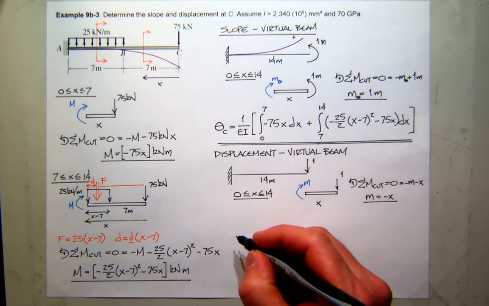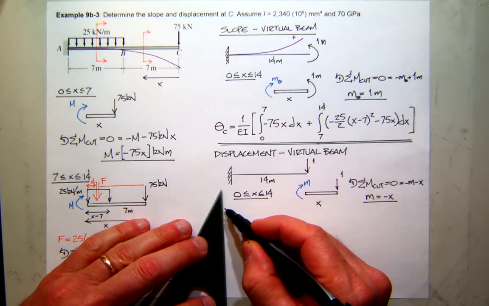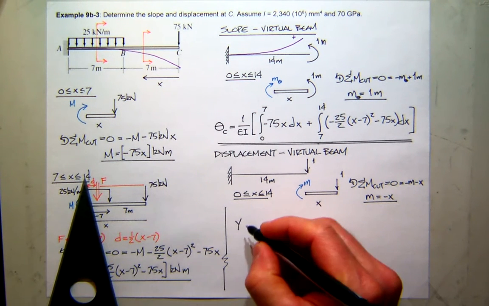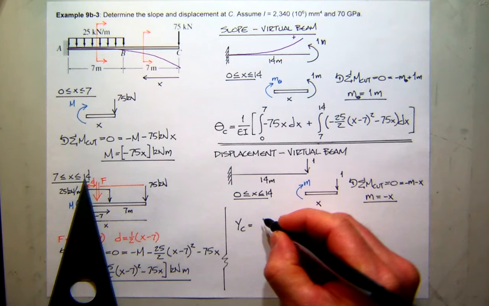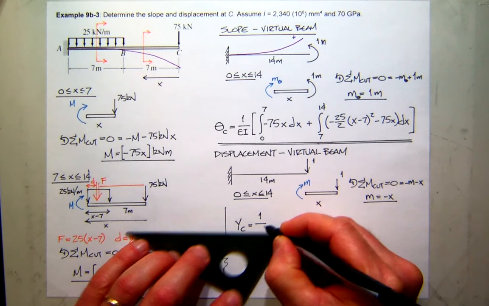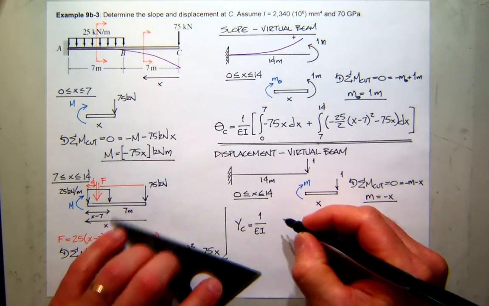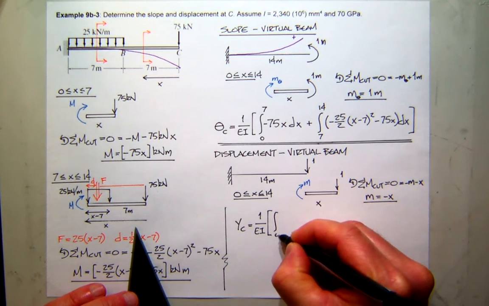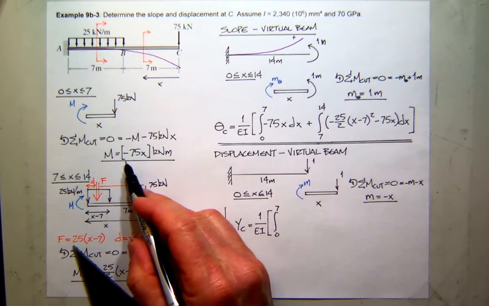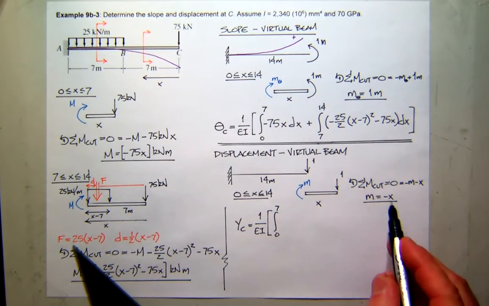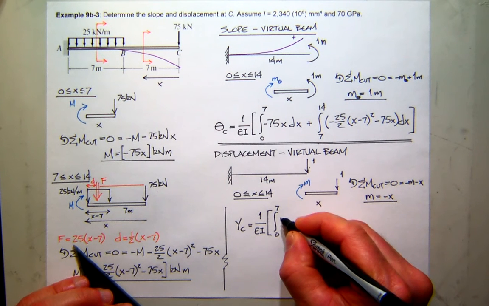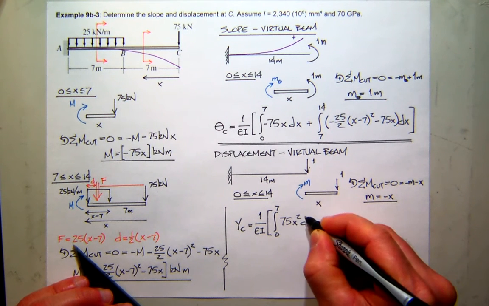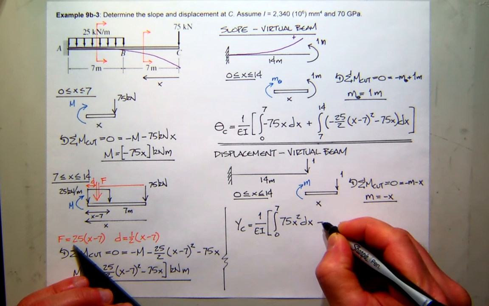So now let me draw a little squiggly line here to break that up. So my displacement at C will now be 1 over EI. And the first segment of the structure from 0 to 7 will be negative 75x times negative x, or positive 75x squared dx.